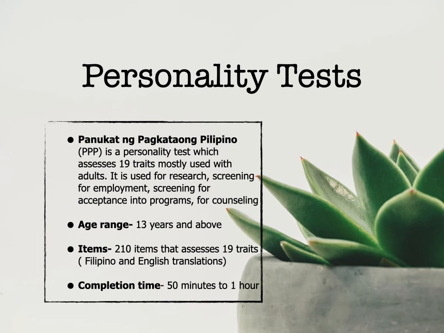Even if this is used primarily for adults, it can be administered to clients as young as 13 years old and above. PPP is composed of 210 items that assess 19 traits. It is available in both Filipino and English translations. The test itself usually takes around 50 minutes to an hour. Take note of that.